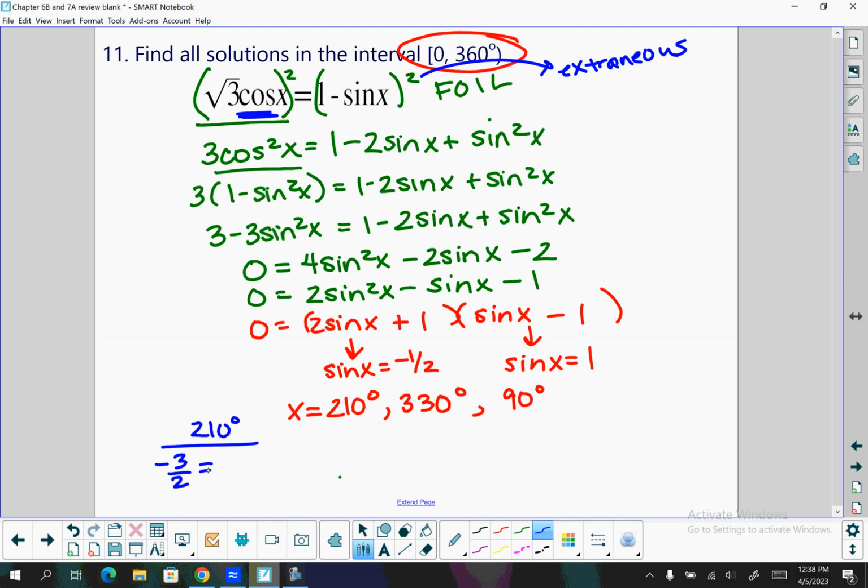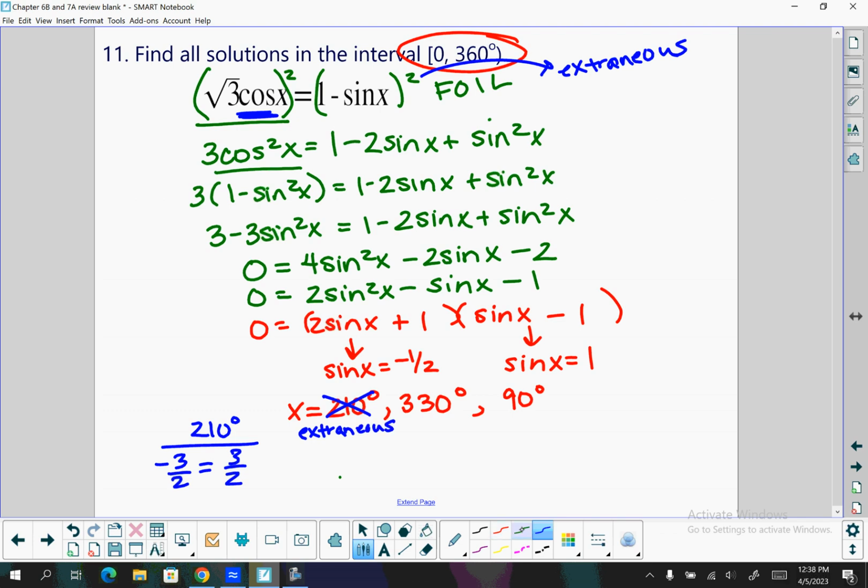What's the sine of 210? Negative 1/2. And if I do 1 minus negative 1/2, I get 3 over 2. 1 minus negative 1/2 is positive 3/2. Does that check? Is that right? Does negative 3/2 equal positive 3/2? No, it does not. So 210 is extraneous.